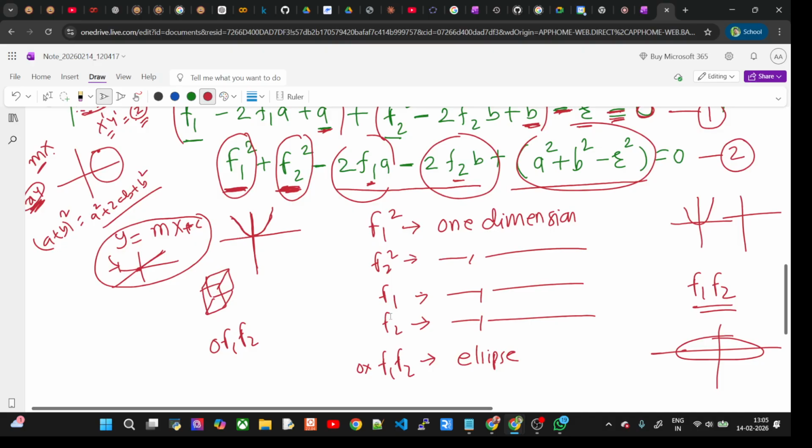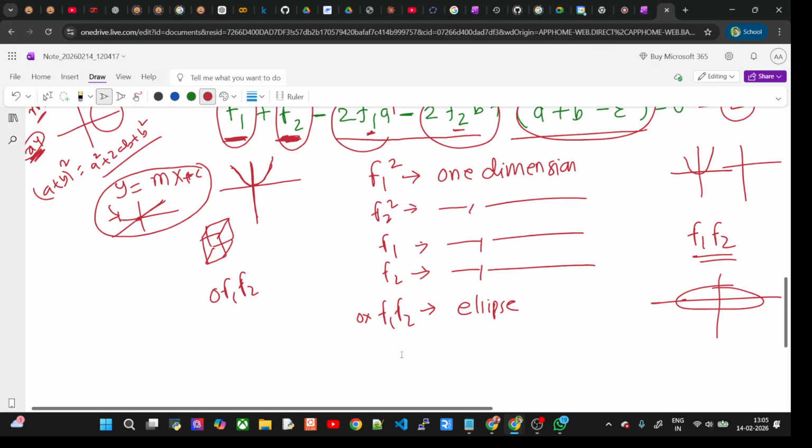Then a square plus b square minus r square also gives 1, because it is a constant, it also has one dimension. So how many are there: 1 2 3 4 5 and 6.